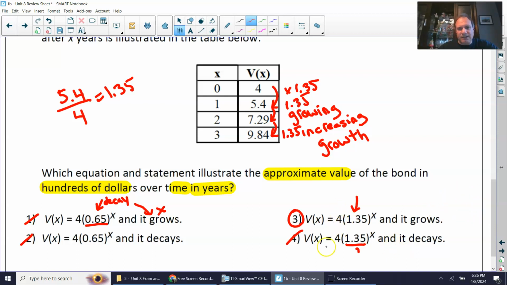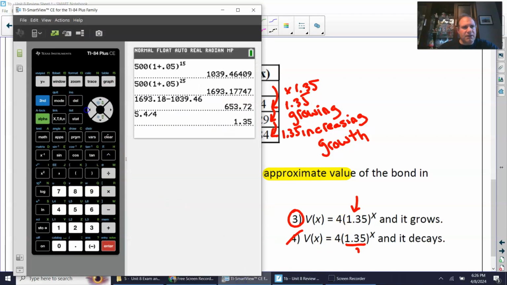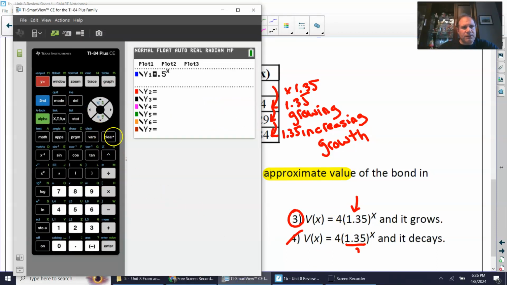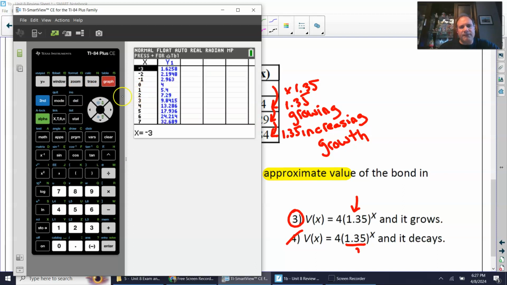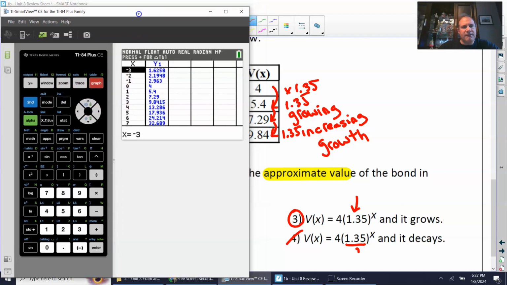If you put this directly into the calculator, let me just show you what's going on here. If you put 4 times 1.35 to the x power into the calculator and you graph it, it graphs like that. But if you press second function table, if you take a look at this table here given, 0 is 4, 1 is 5.4, 2 is 7.29, and 3 is 9.84.